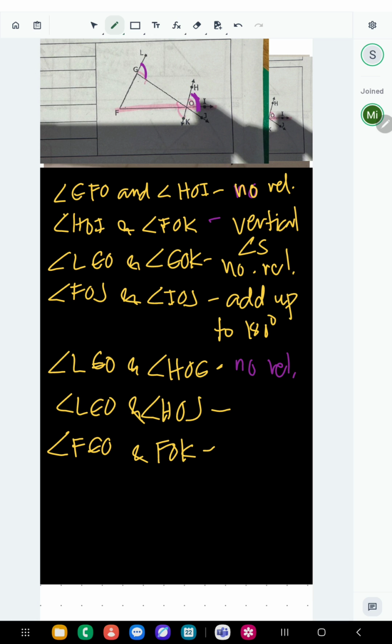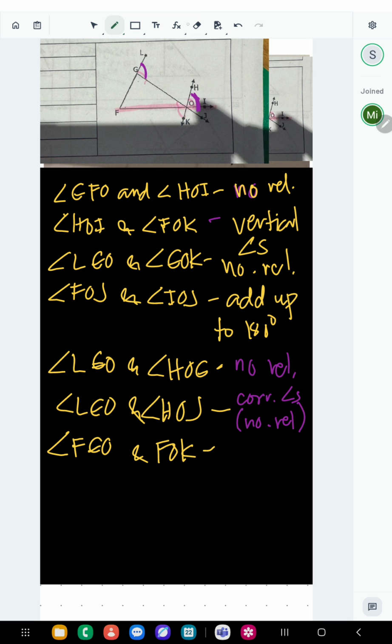The big one. Yeah, they can be corresponding angles, but they're not parallel. So again, no relationship. That would be strange. So just answer they're corresponding angles and check later, or no relationship. If they are parallel, then they are corresponding angles. But at this time, no relationship, because they cannot be equal or add up to 180 degrees.